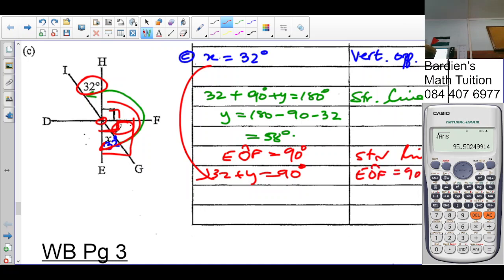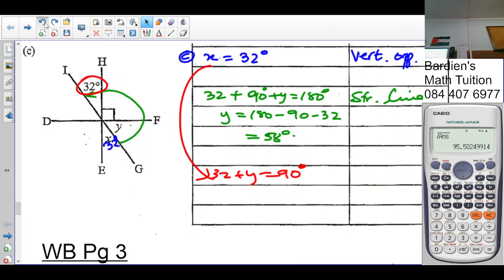So you're going to use the extra reason there. If you leave out this reason, you will lose marks. So you have to use the previous answer. Yes. We're going to come to a time where we're going to use the previous answer a lot. Every sum will be based on a previous answer.